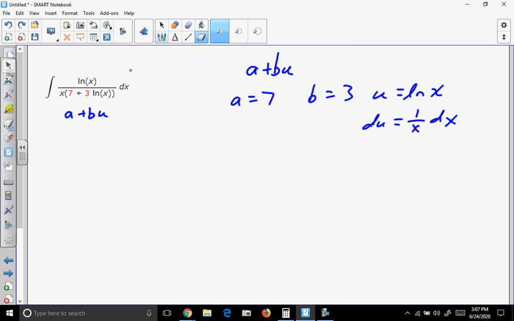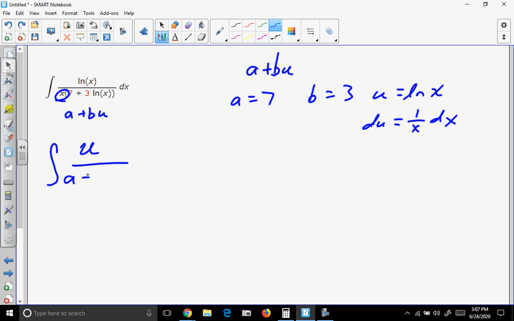So look what we have. We have natural log on top. Let's forget that part for a second. We have 7 plus bu on bottom. And that x, we could move over there, and that's our du.